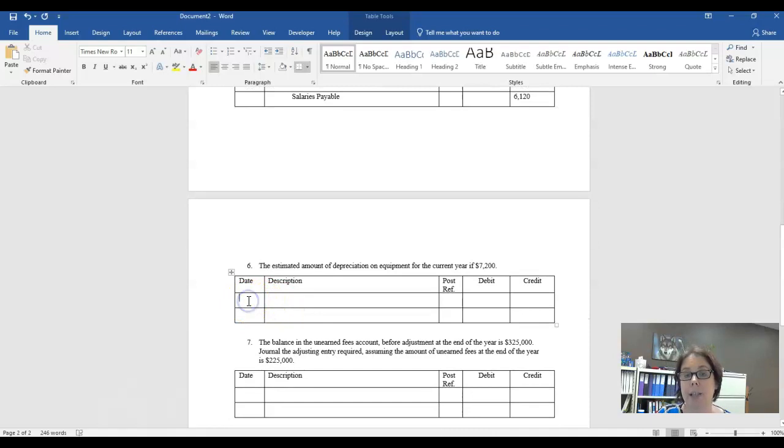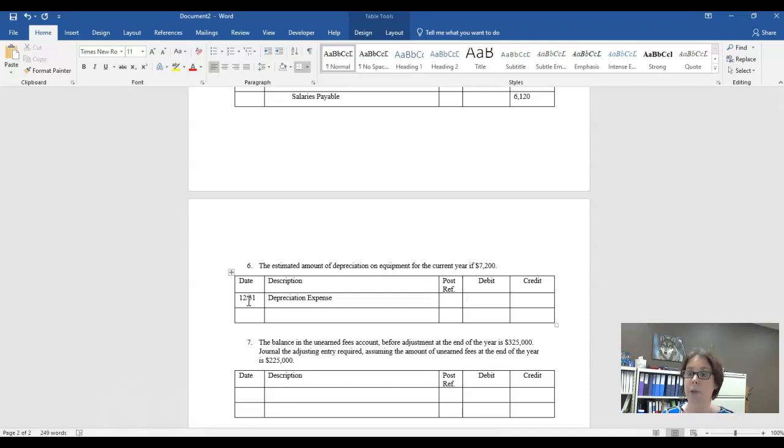Number 6, the estimated amount of depreciation on equipment for the current year is $7,200. Okay, a brand new account that we will be playing with is depreciation expense. Depreciation is when we reduce the value of a piece of equipment, kind of like when you go to the dealership, you buy a car, as soon as it drives off the dealership, its value reduces.